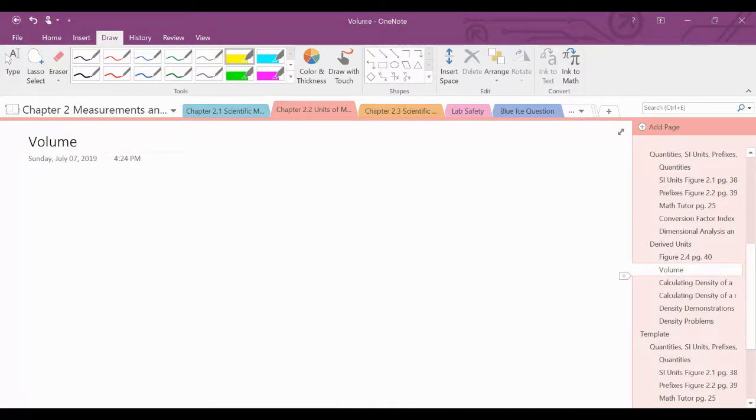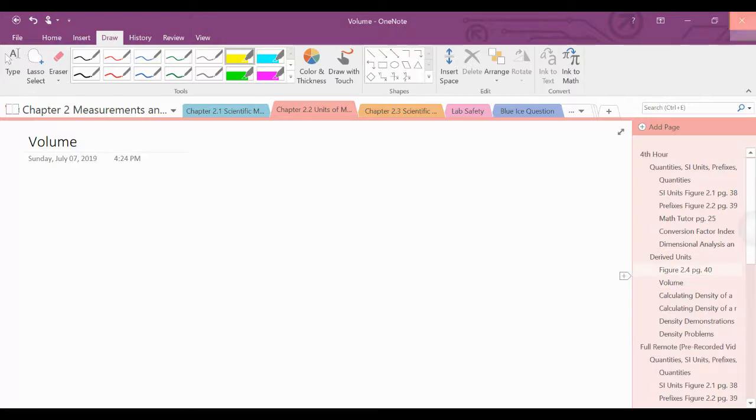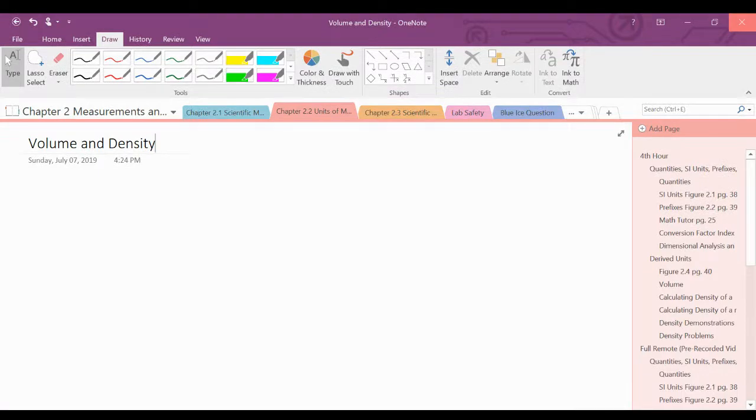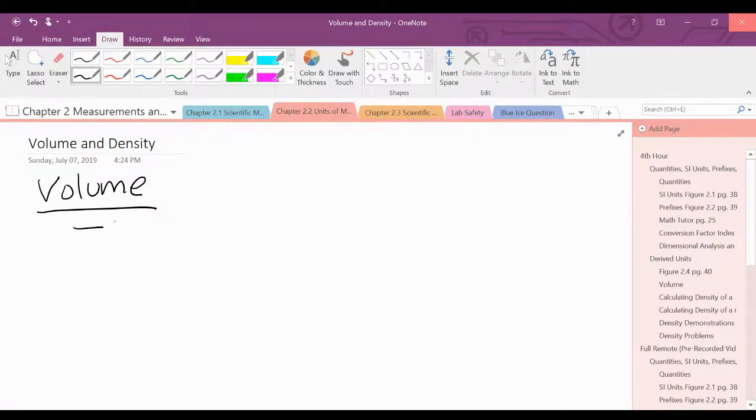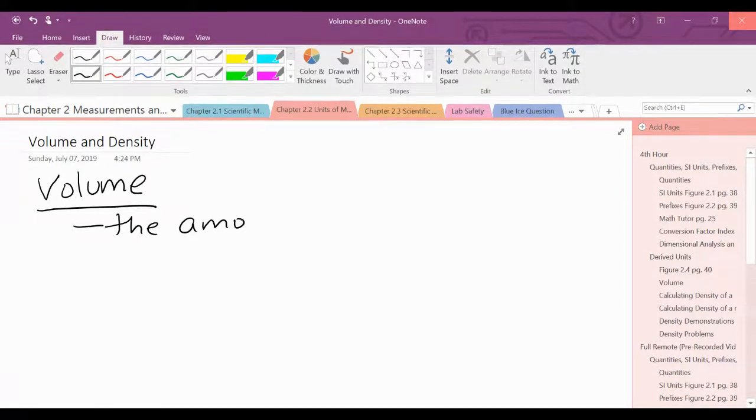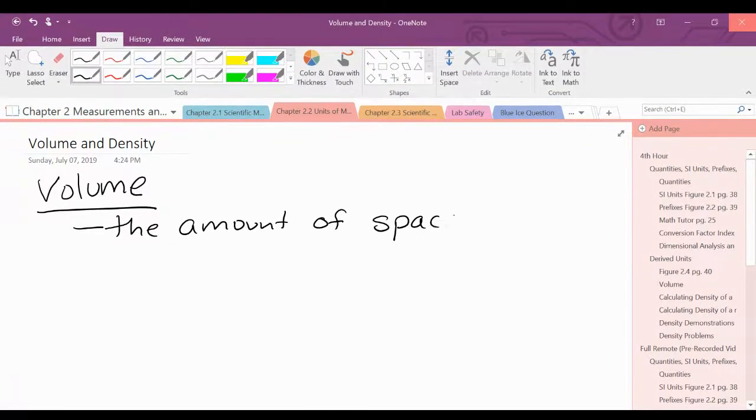So let's just talk a little bit about volume and density for just a second. Volume is the amount of space occupied by an object.